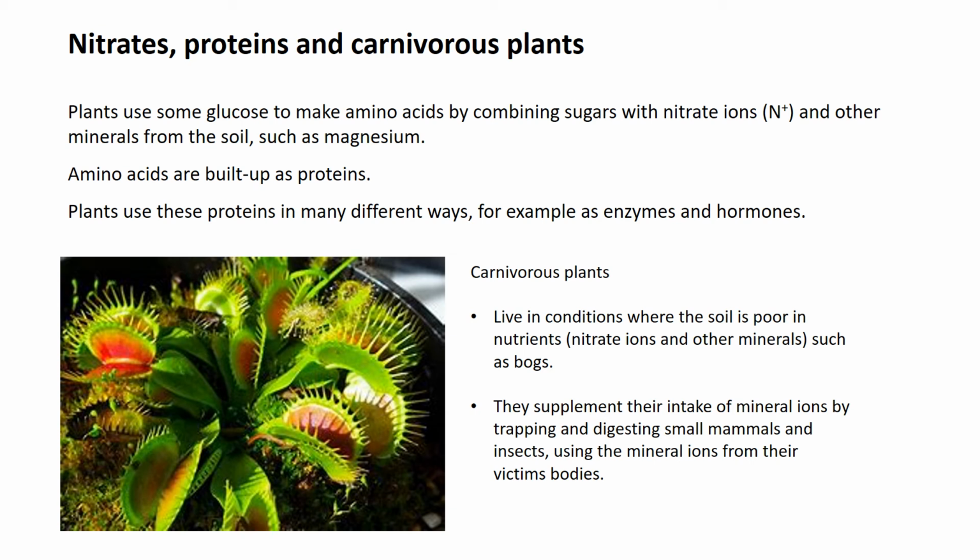It then slowly closes, okay? It closes, not snap shut, but it closes quite quickly. That mucus then digests those insects and absorbs those nitrates. Some of the bigger carnivorous plants trap small mammals, mice, and small birds.